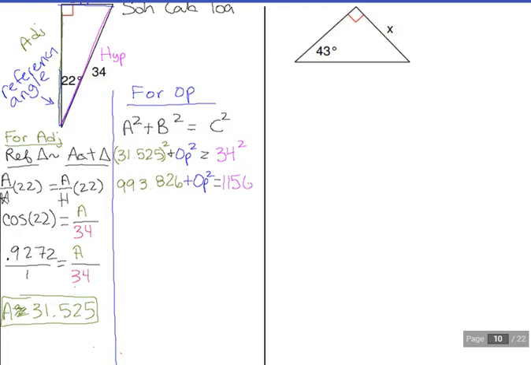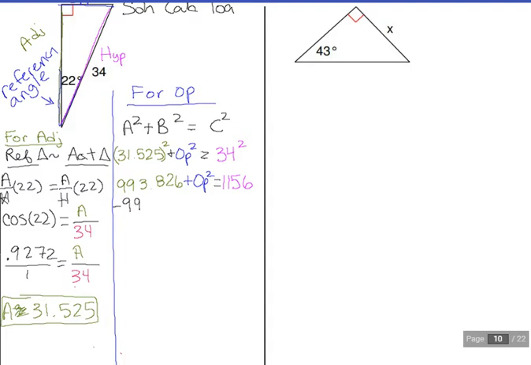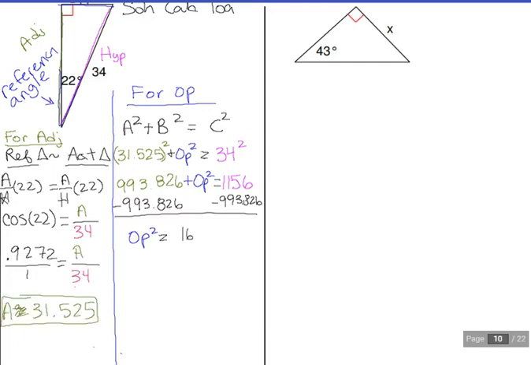Okay, so now we just go into our solving routine. We can subtract 993.826 from both sides, and that will leave us with 162.174.